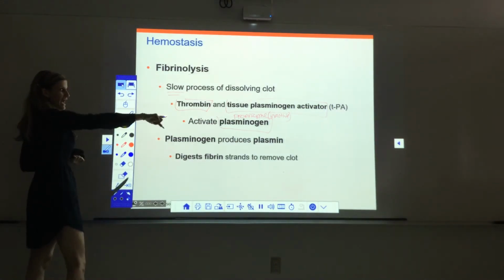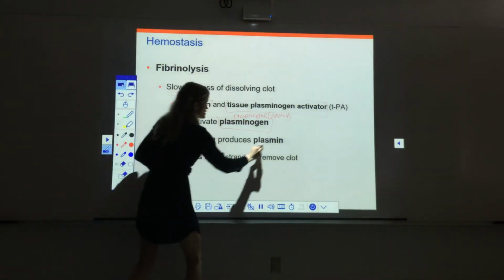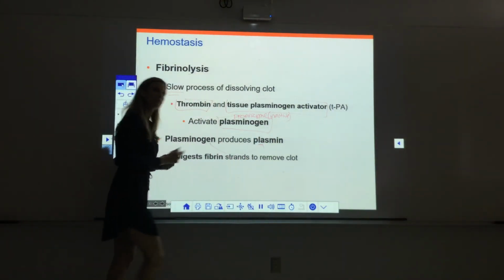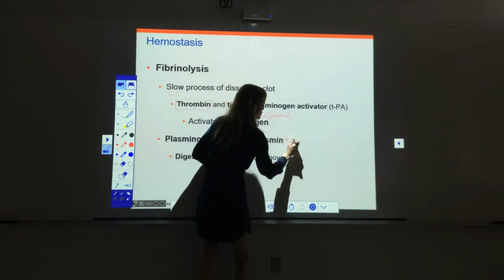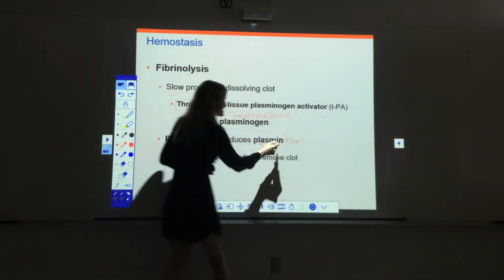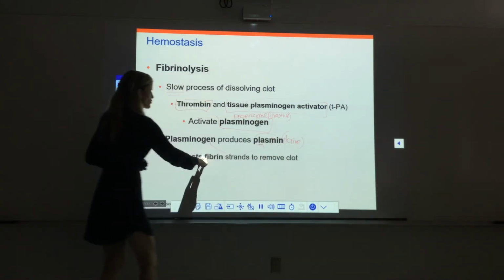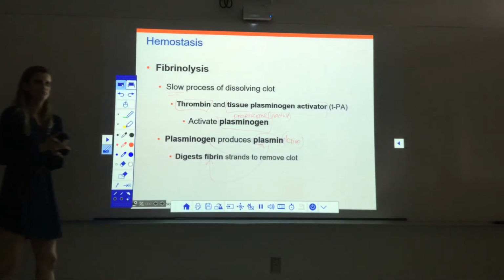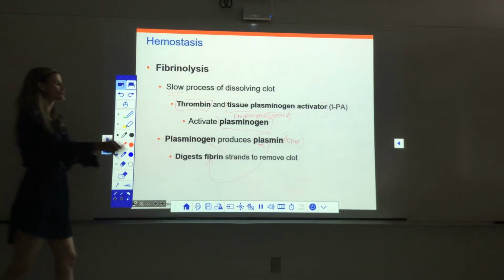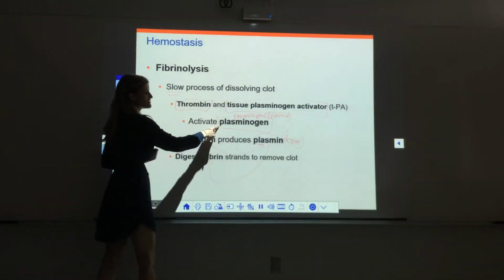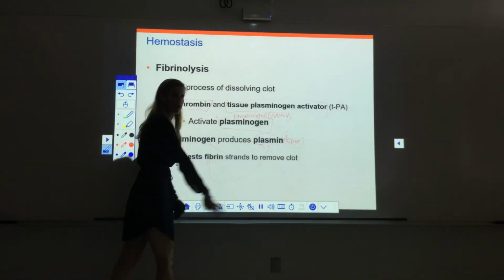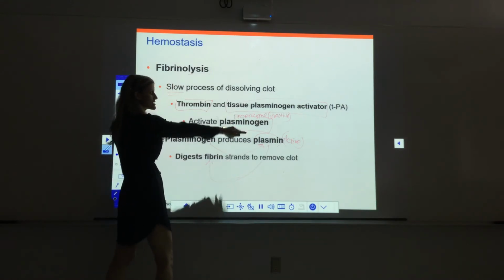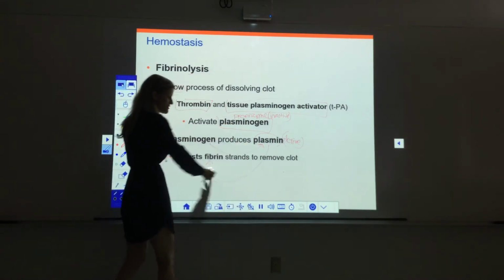Okay, so this inactive plasminogen is going to get converted into plasmin. Plasmin is active. And it's this plasmin that actually breaks up the fibrin clot. So thrombin can activate plasminogen into plasmin and break up a clot. TPA can activate plasminogen into plasmin and then break up a clot.